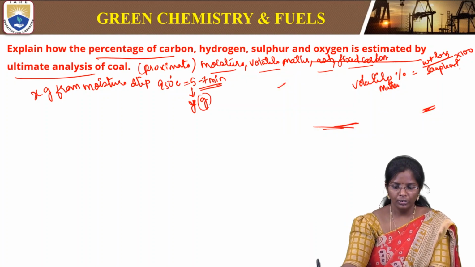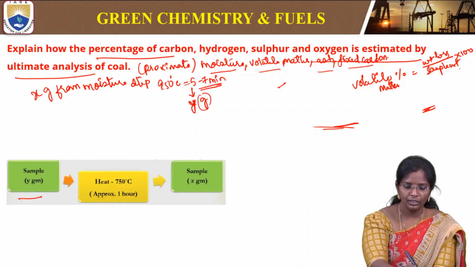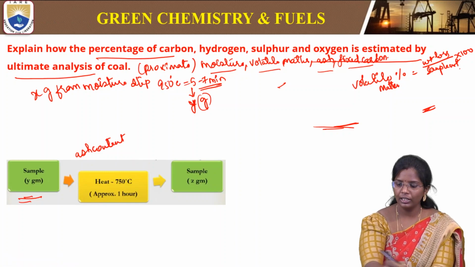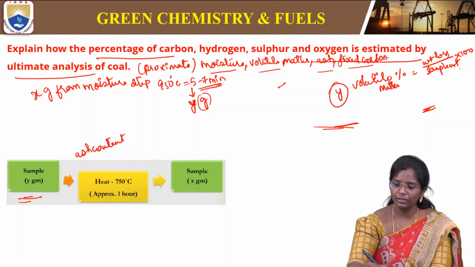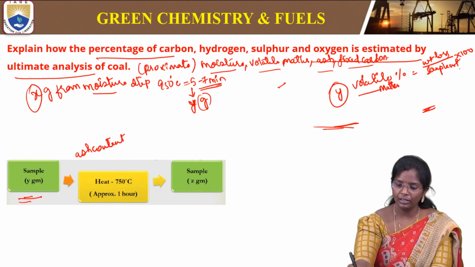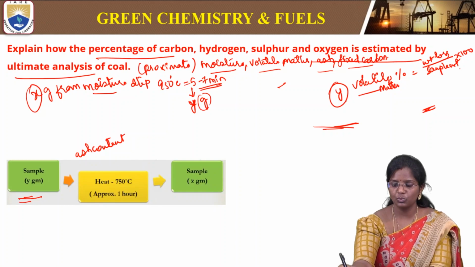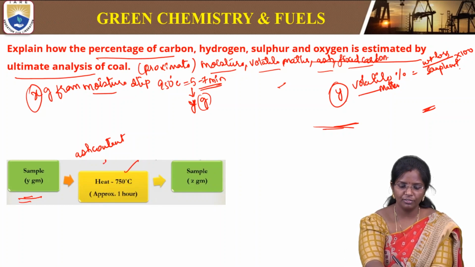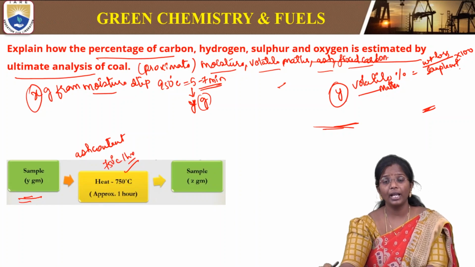Okay, then we do the ash content. In ash content, we take the sample from the volatile matter step, Y grams. This Y grams is again taken and heated at 750 degrees centigrade for 1 hour, because it has to be ashed properly.